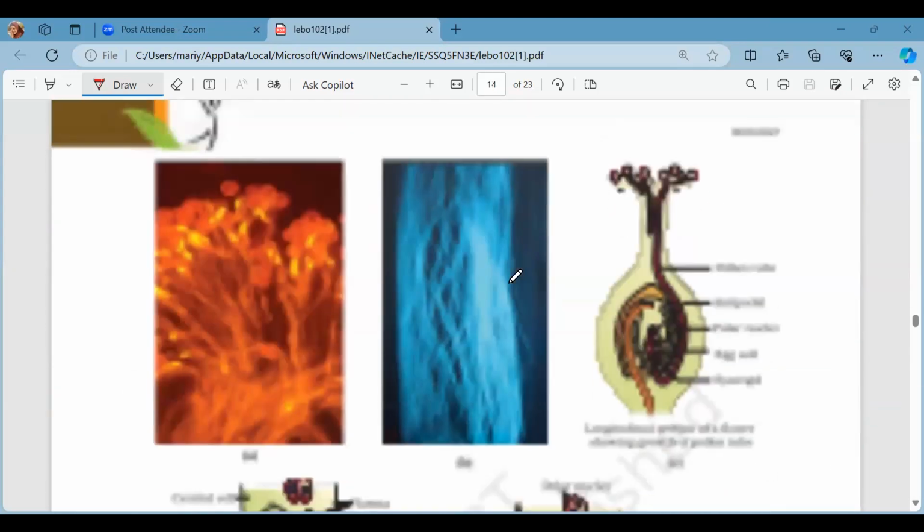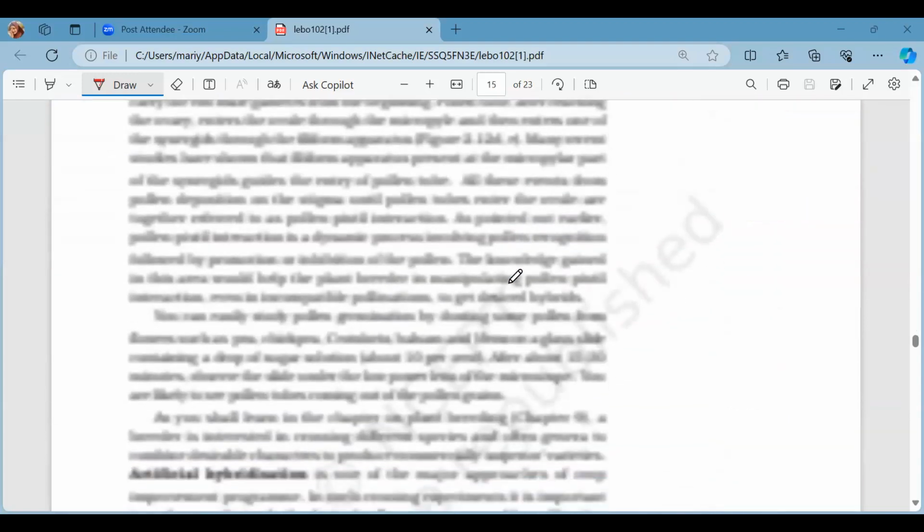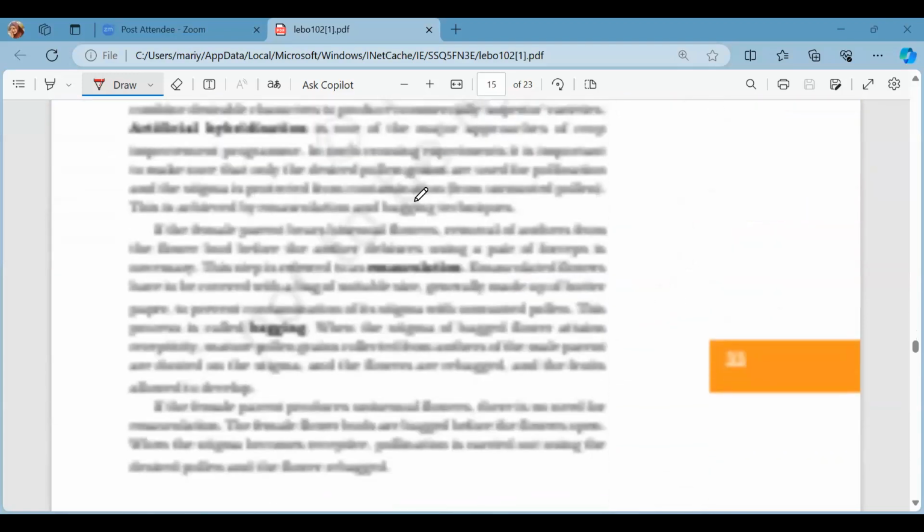Outbreeding devices, and then there is artificial hybridization. It is a technique wherein we do the pollination ourselves. We want to aid the process of pollination so as to get what we desire in a plant.